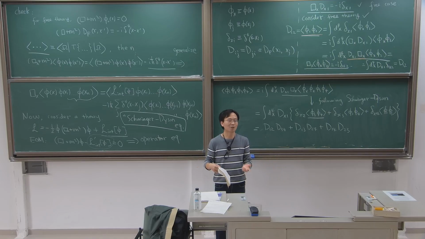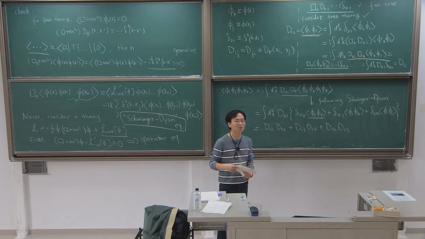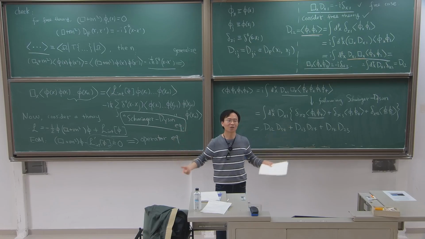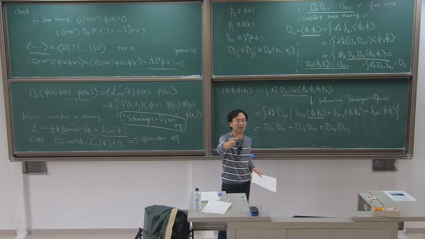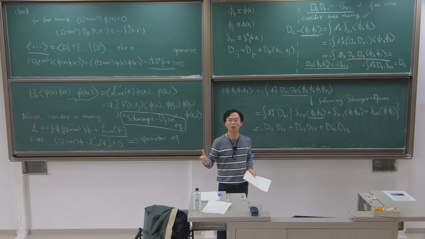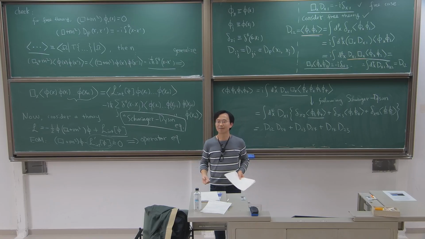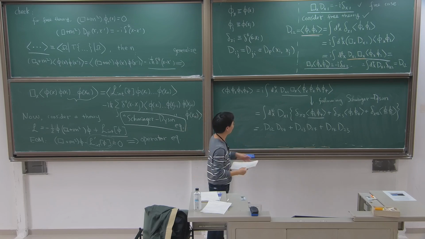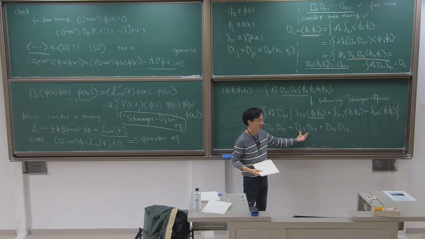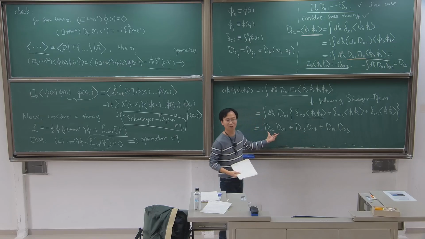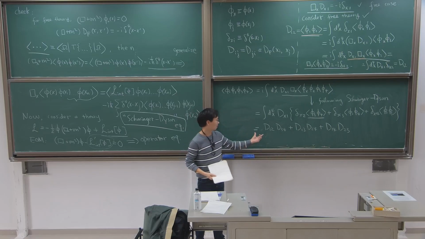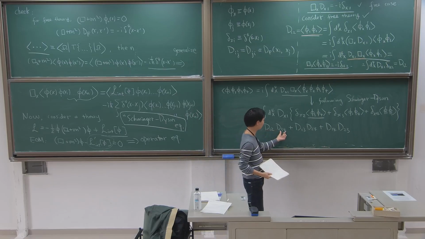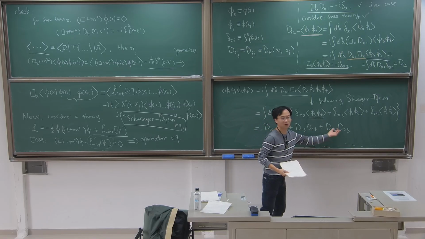The only possible way to contribute to the entire correlation function is to pair all the points, because the only contribution is a free propagator. It cannot be an interacting vertex or something like that. The only way is just to connect. I have 4 points, so these are the different ways to pair them: 1, 2, 3, 4, or 1, 3, 2, 4, or 1, 4, 2, 3.